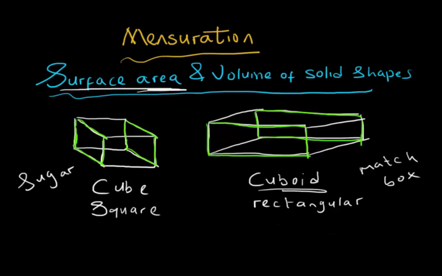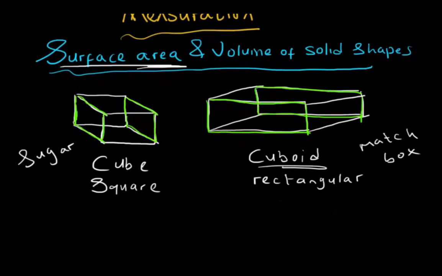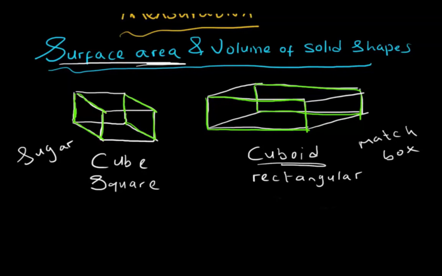All right. So now in this video, we want to see what is the surface area of a cube and what is the surface area of a cuboid. Also, what is the volume of a cube and what is the volume of a cuboid. So what I will give you is the formula, and then I will tell you how to remember the formula. The surface area, which I'm going to represent as SA, of a cube is actually 6L squared, while the volume of a cube is L cubed.